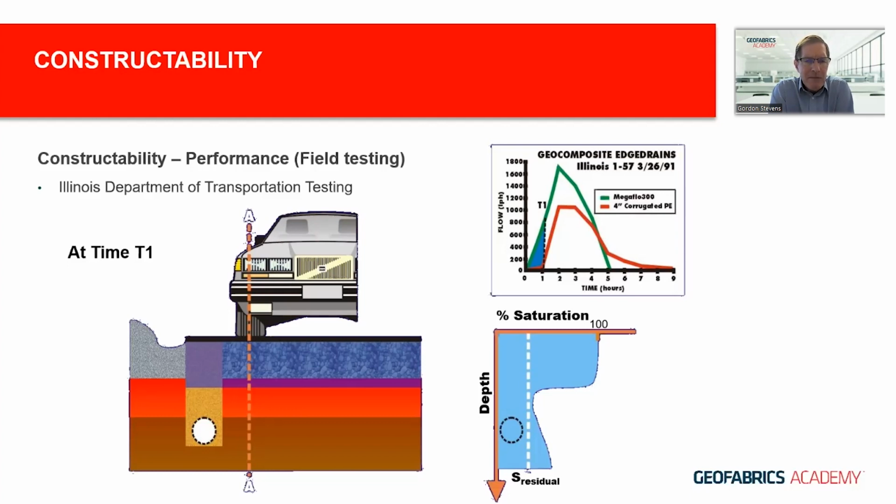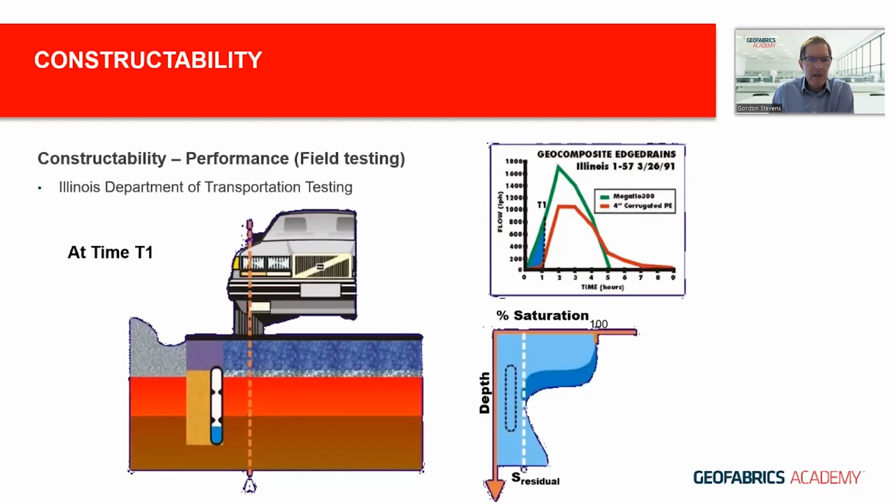So having a saturated base course layer for any period of time will cause deterioration of that pavement. In the case of Megaflo, it is starting to drain already, and you can see over here the Megaflo line versus the round pipe, a higher level of efficiency already at T1.